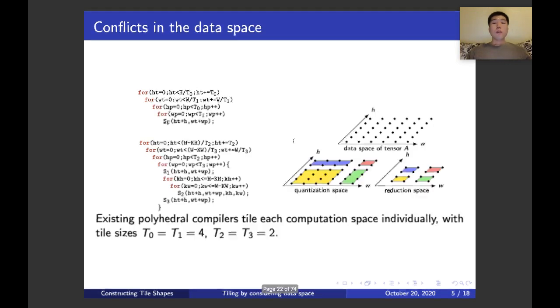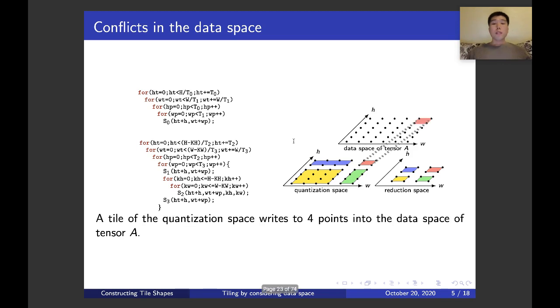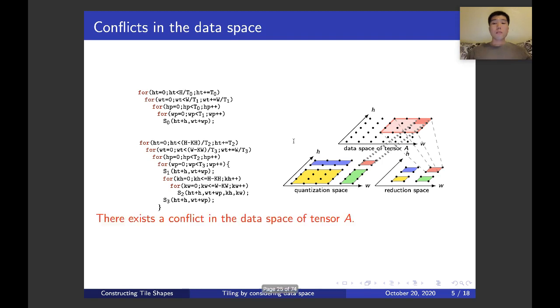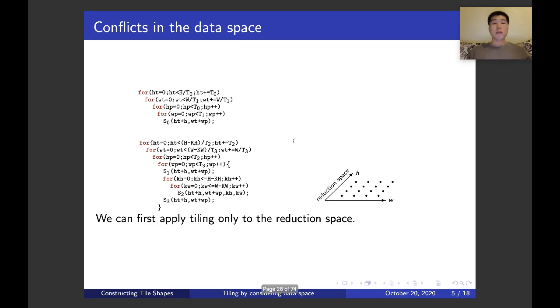So the polyhedral model can then apply loop tiling individually to each computation space. We look at the red tiles of the two computation spaces. The first red tile reads 4 points of the data space, but the second red tile requires 16 points from the data space, so there exists a conflict in the data space of tensor A.